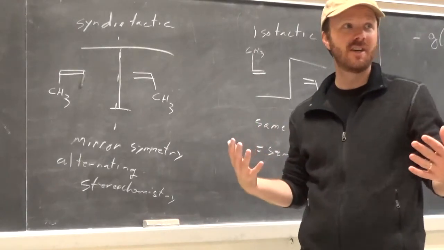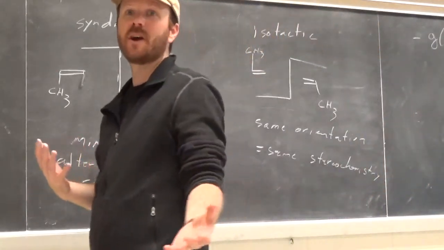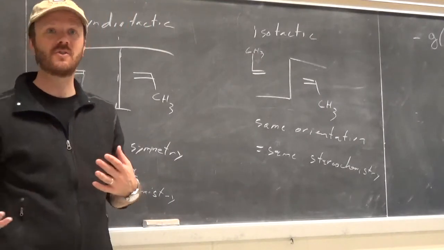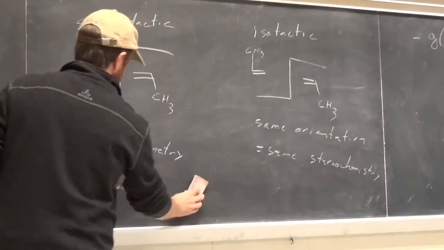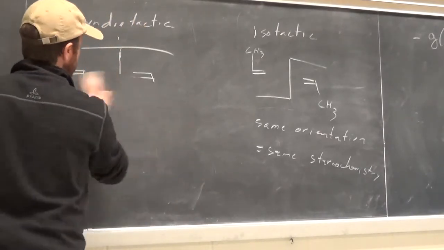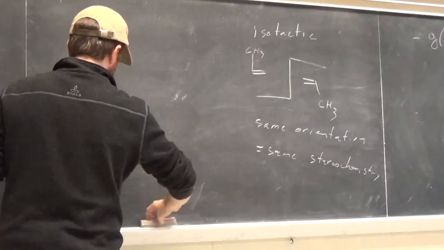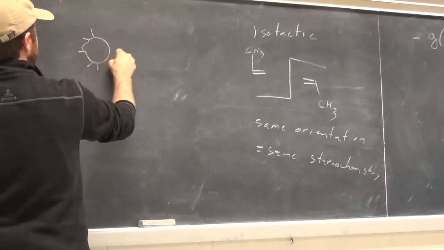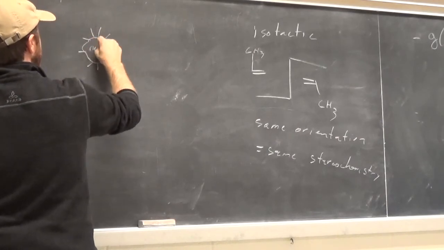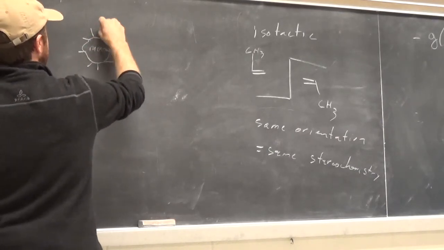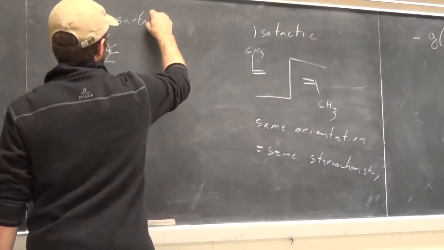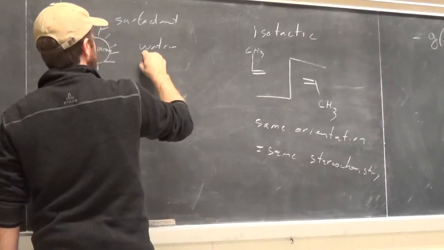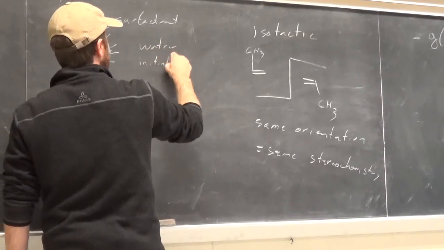So an emulsion is like oil and water, right? Monomers tend to be oil-like or hydrocarbon-like, and so you have monomer droplets that are stabilized with surfactant. So you have monomer, you have surfactant, you've got water, and you have initiator in the water.